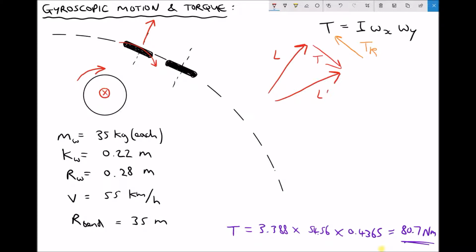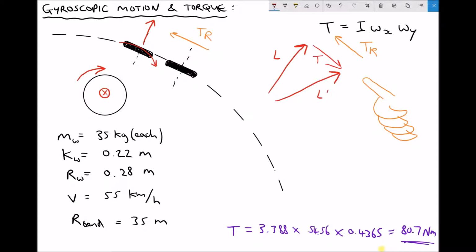So once again, we can apply our right-hand rule, because with our thumb pointing in the direction of the gyroscopic reaction torque, our fingers will be in this direction like so. Now if we relate this to our rider, we have a reaction torque in this direction here, TR.